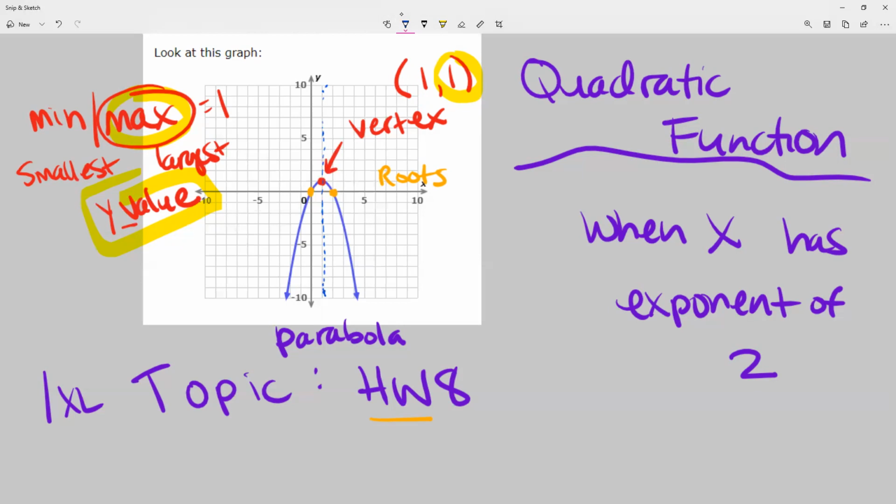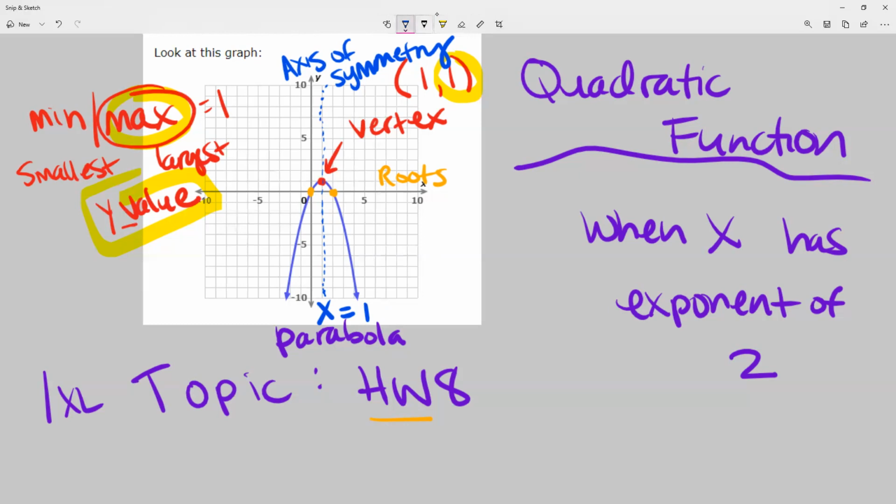It's called an axis of symmetry, which hopefully makes sense, because this is where, symmetrically, if you folded it in half, it would be. And the axis of symmetry is always the equation x equals some number. And it's whatever number it crosses on the x-axis. So for this one, since it crosses at 1, the equation for my axis of symmetry is x equals 1.